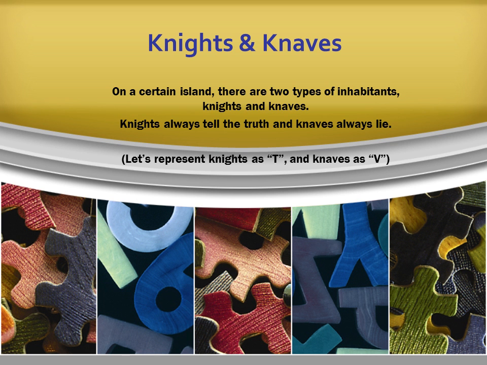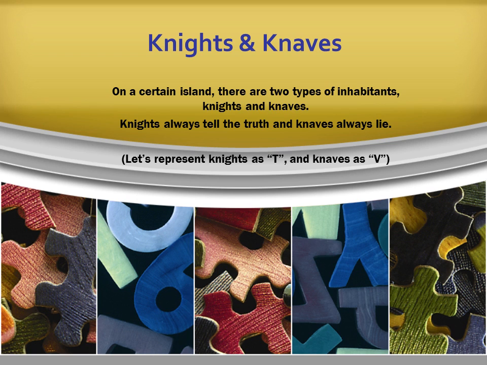The situation for both of these problems is that there are knights and knaves. So, as you can tell, this is going to be, again, a logic problem. On a certain island, there are two types of inhabitants, knights and knaves. Knights always tell the truth, so every time they're saying something, it is true.